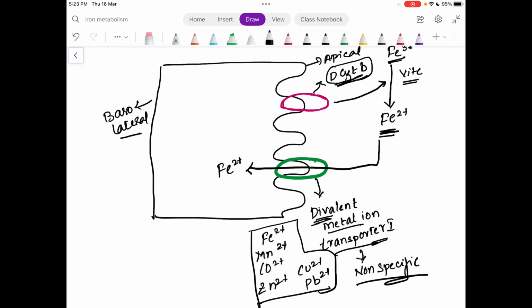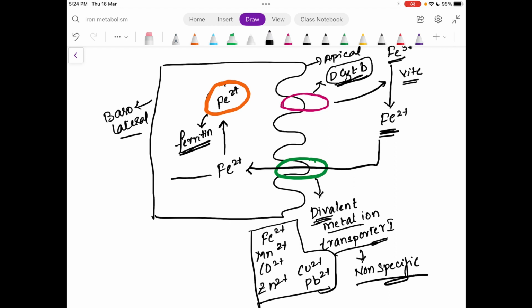After transportation of ferrous Fe2 plus into the intestinal cell, it has two fates. One, it will be converted into Fe3 plus and stored in a protein called ferritin. This is ferritin. Okay, iron is stored in ferritin in the form of Fe3 plus.